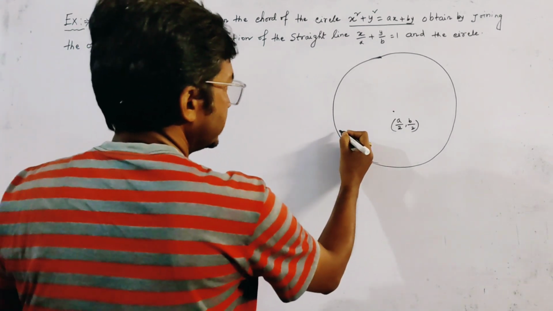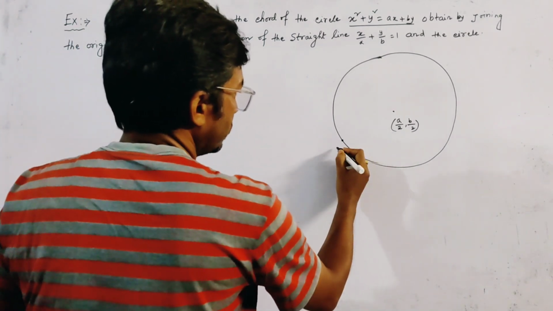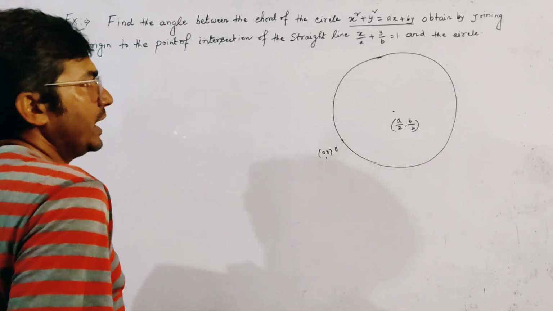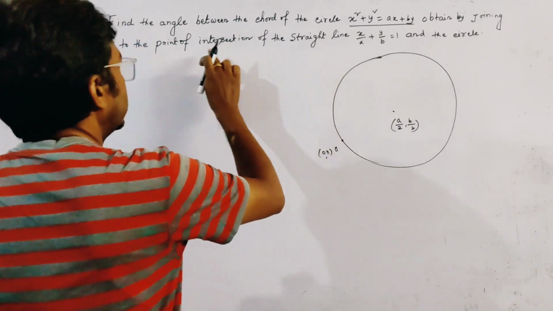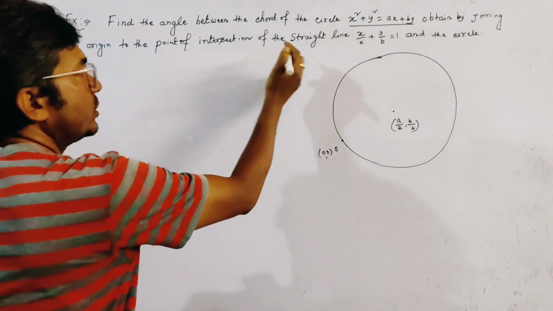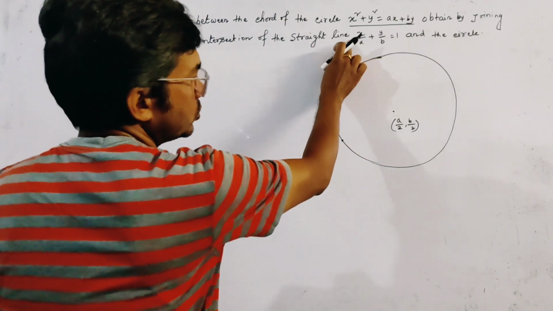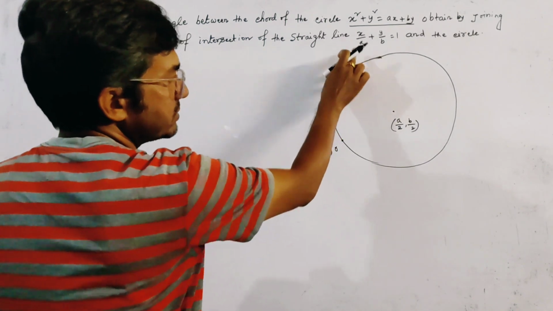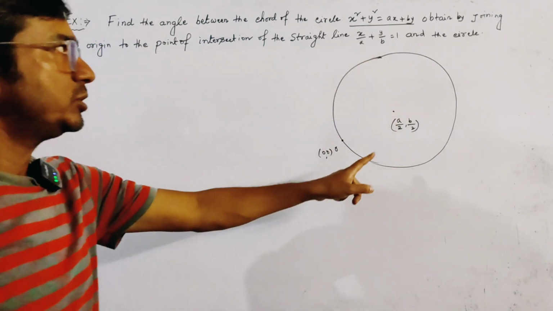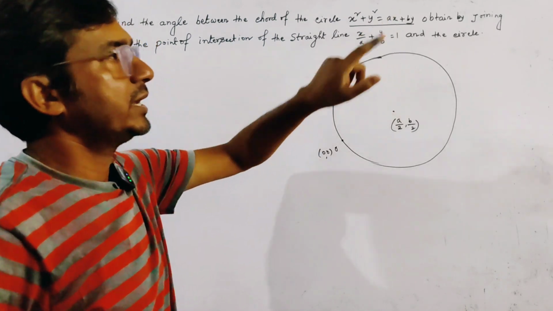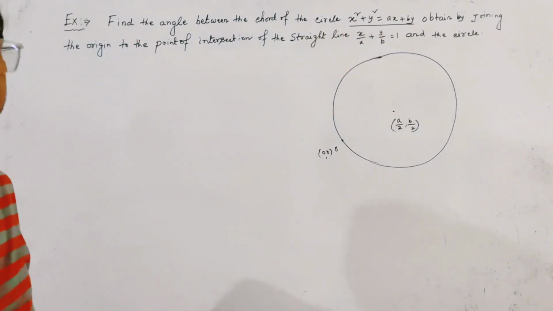So let this be the origin O, coordinate 0 0. The straight line passes through the center of the circle, a by 2, b by 2. If we put a by 2 and b by 2 here, then we get 1 from the left side.